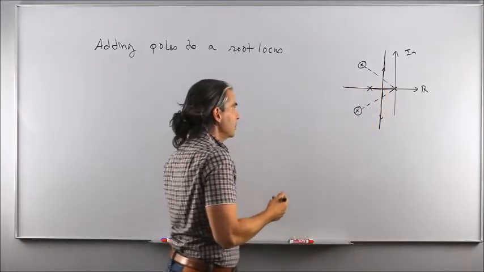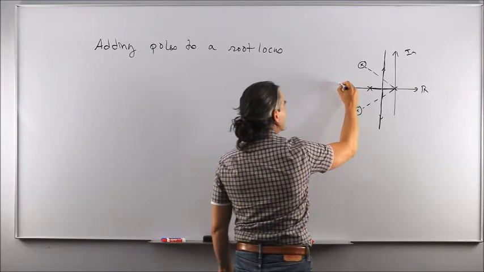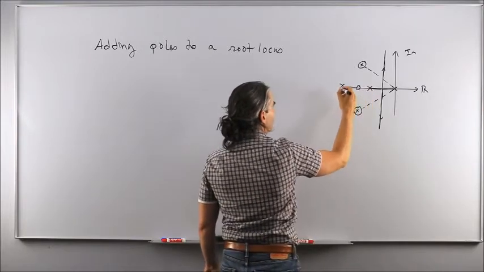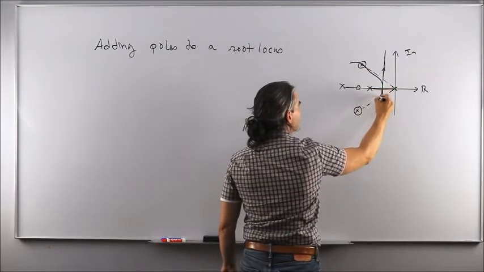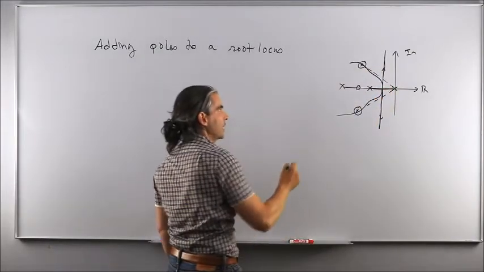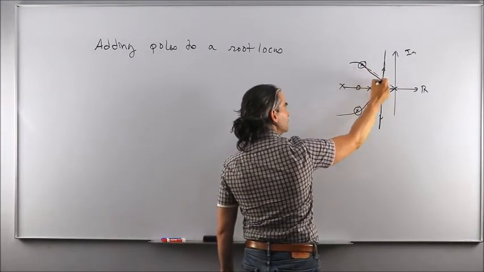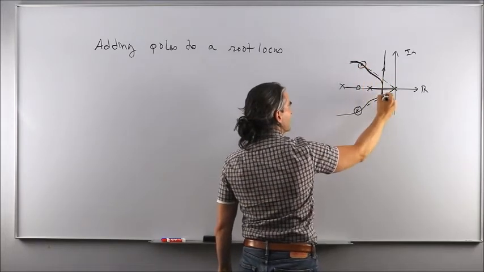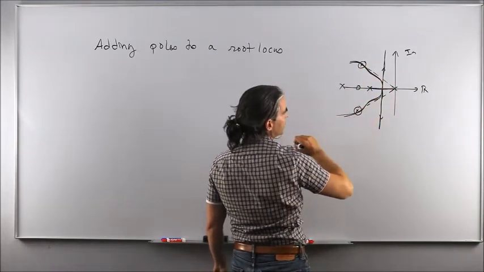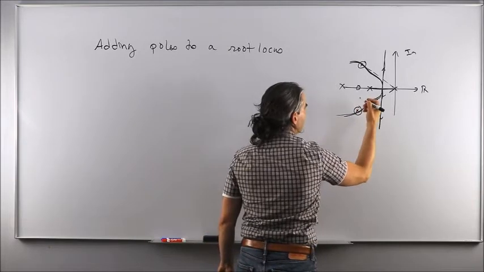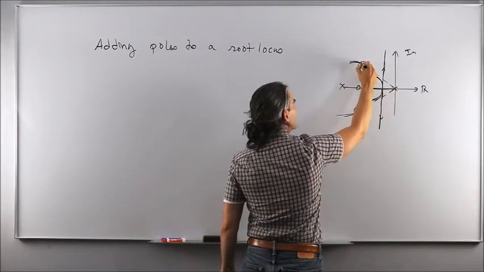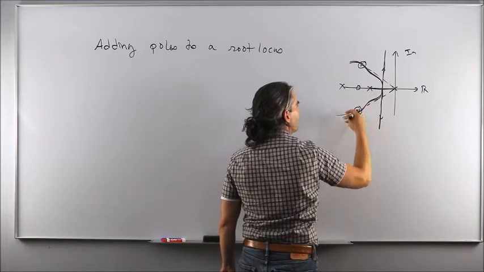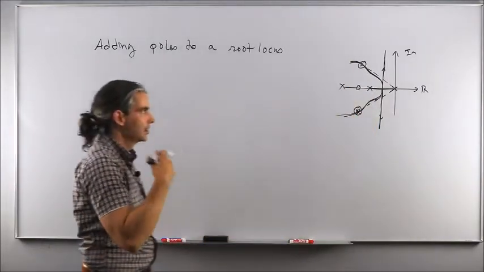So the solution will be to come in and add additional poles and zeros to bend the branches of my root locus to make sure that they now go through the exact location I'd like them to be at in terms of the pole locations. And then we're going to figure out the gain, and we'll ensure that those poles end up exactly there along the new branches. So this is the idea.